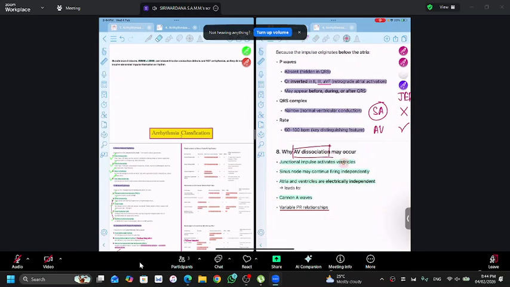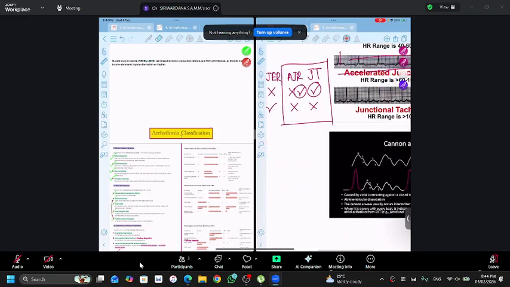The junctional impulse activates the ventricles. The sinus node may continue firing independently. Atria and ventricles are electrically independent. This leads to variable PR relationships, because the P wave is atrial depolarization and the R wave is ventricular depolarization. So there can be a dissociation.